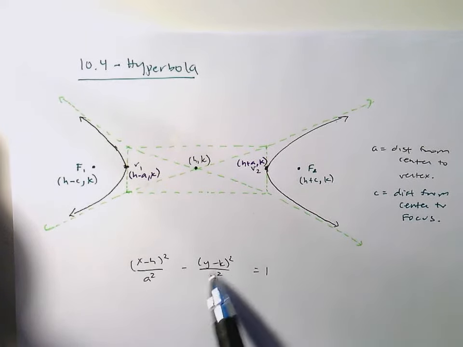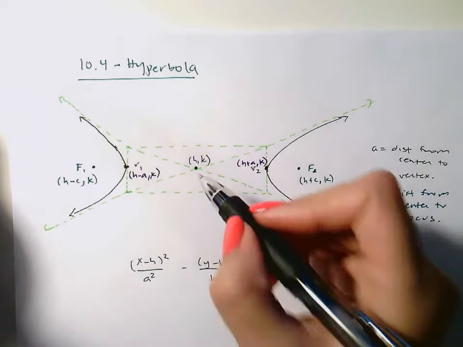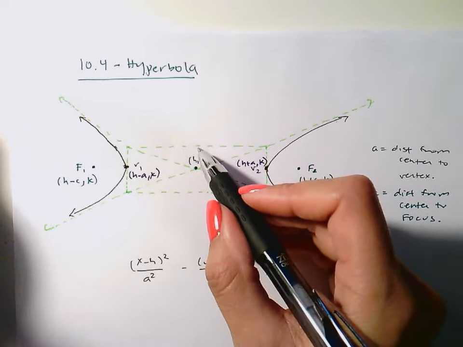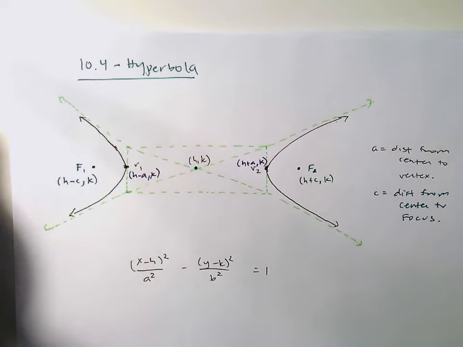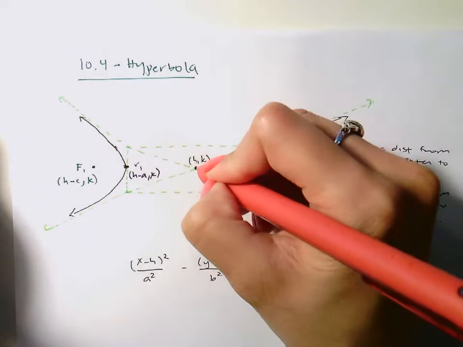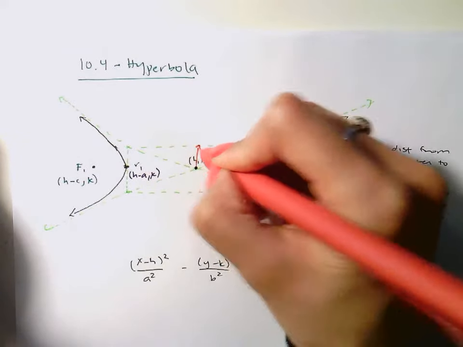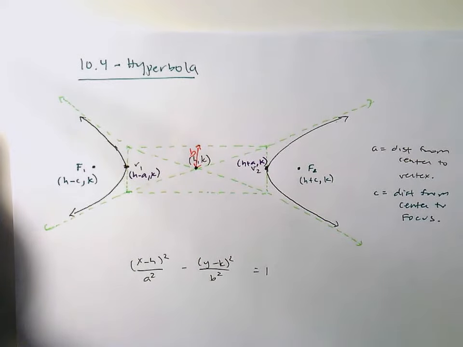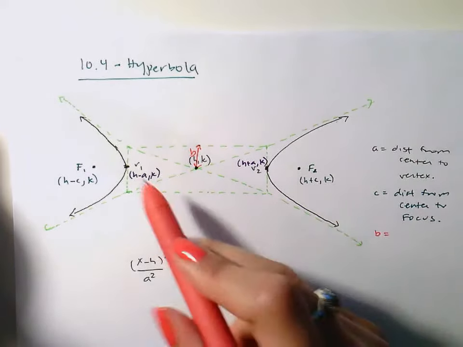So what's that b right here? The b is the distance between the center and the top of the fundamental rectangle. So that means that this distance from here to here is equal to b. So that distance between the center and the top of the fundamental rectangle is b if it opens left and right.